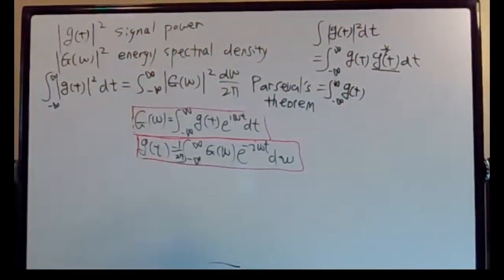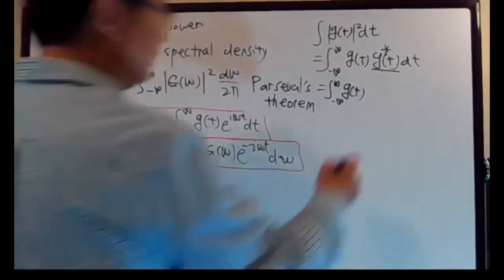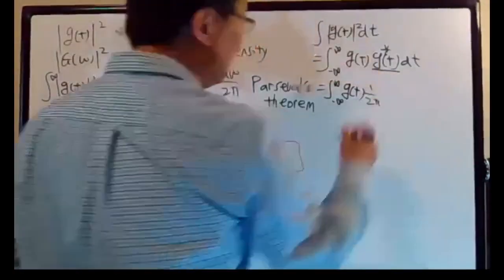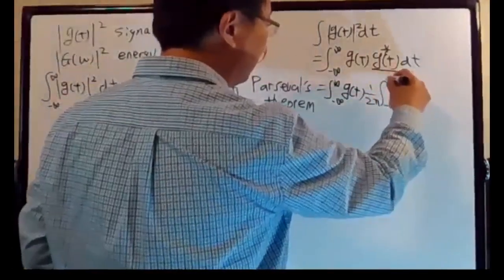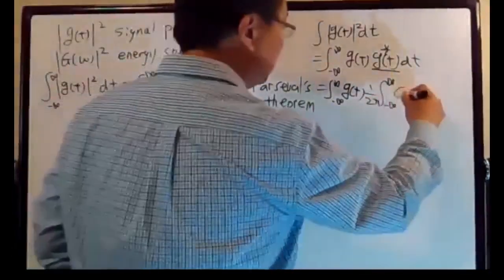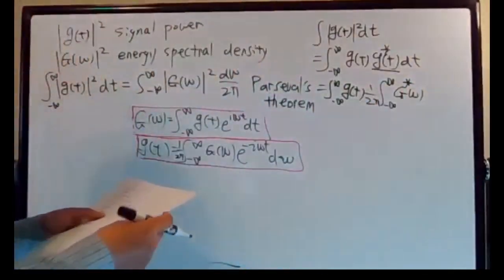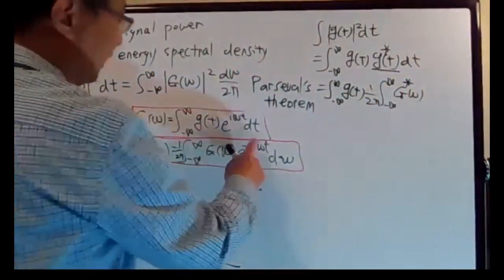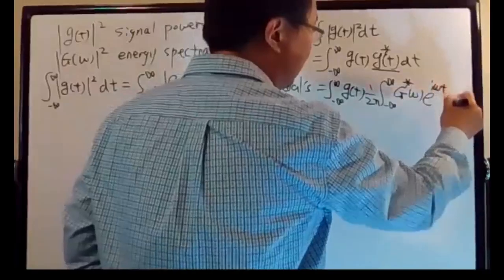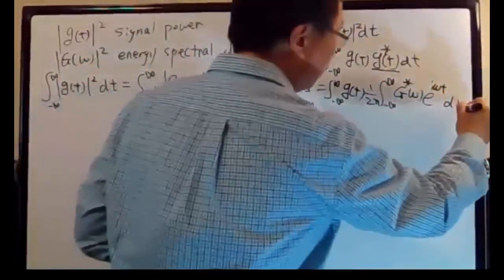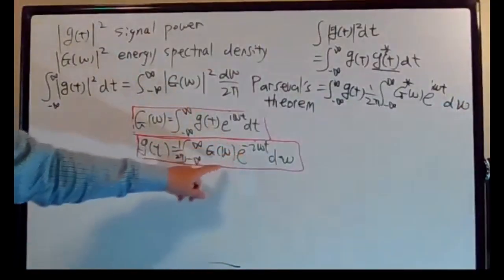So let me copy the same g(t) here, and then we will use the inverse Fourier transform. So it is 1 over 2 pi, and then we have the conjugate of the integral from negative infinity to infinity of G(omega) times exponential negative i omega t, d omega.